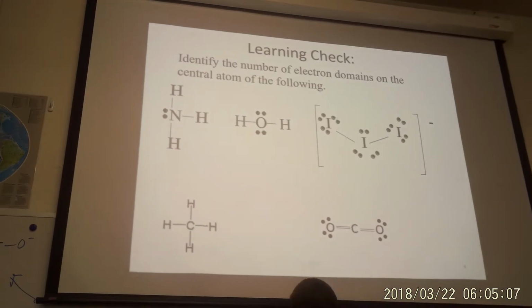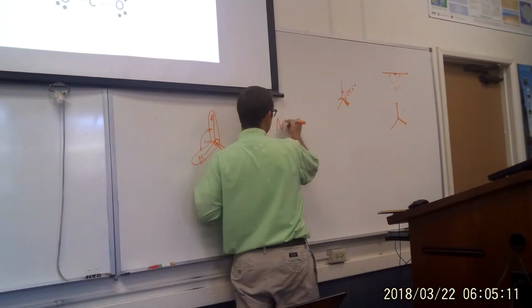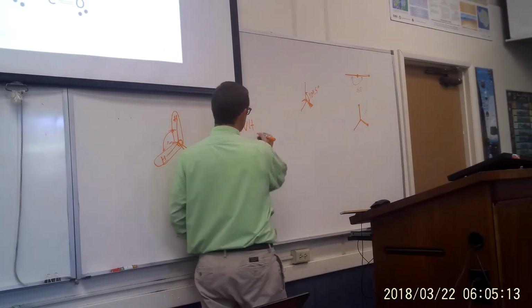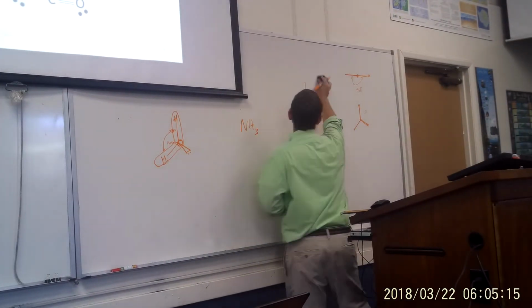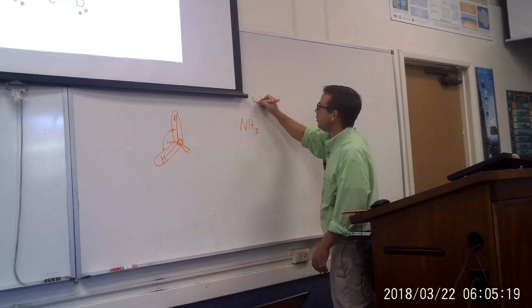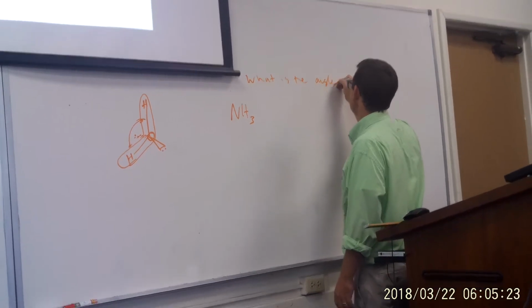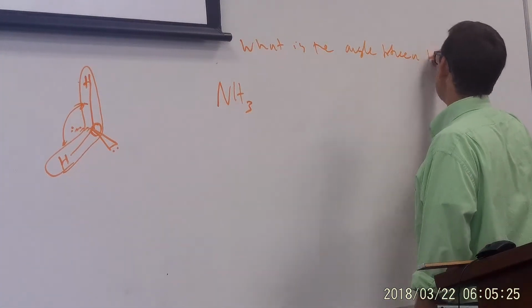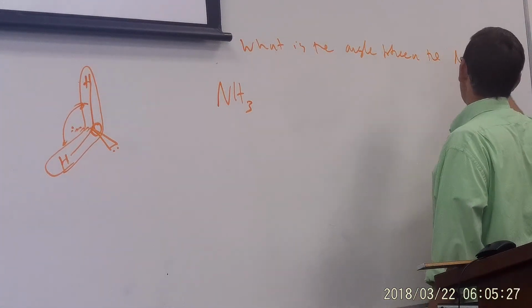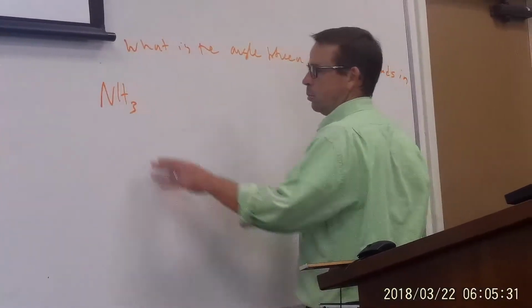Okay, so then, ammonia, NH3. The question was, what is the angle between nitrogen and hydrogens in ammonia? Right? Well, so what is the angle between the nitrogen and hydrogen bonds in ammonia?